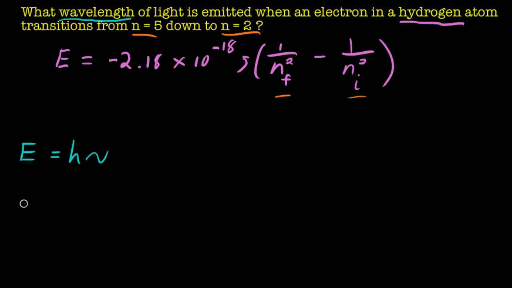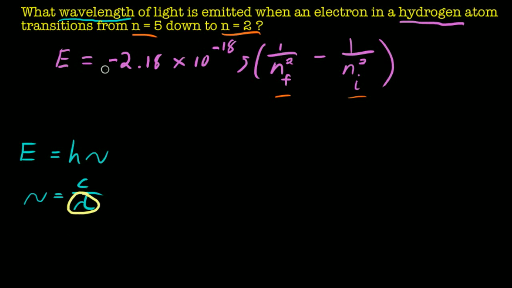And nu is going to be equal to the speed of light divided by the wavelength. Remember what we're trying to solve for: we want wavelength, which is given by lambda.